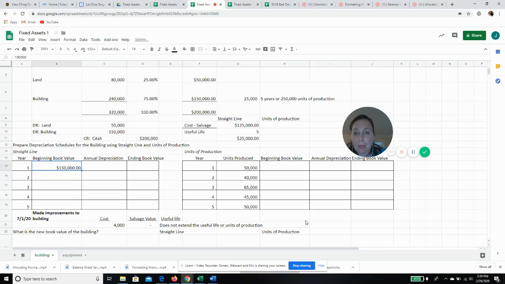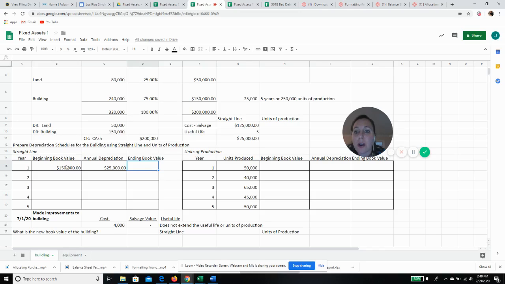In the next column, we put our annual depreciation, and we calculated that our annual depreciation is going to be $25,000. Our ending book value is simply the beginning book value minus the annual depreciation.